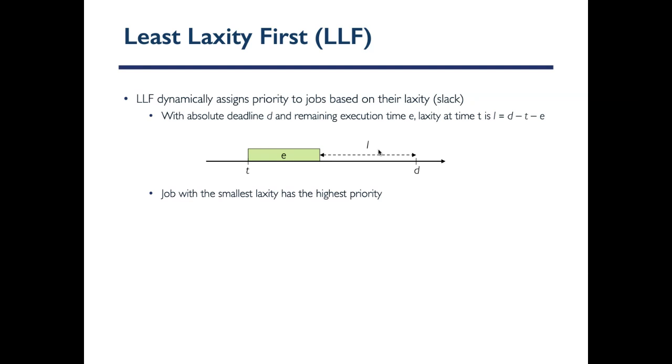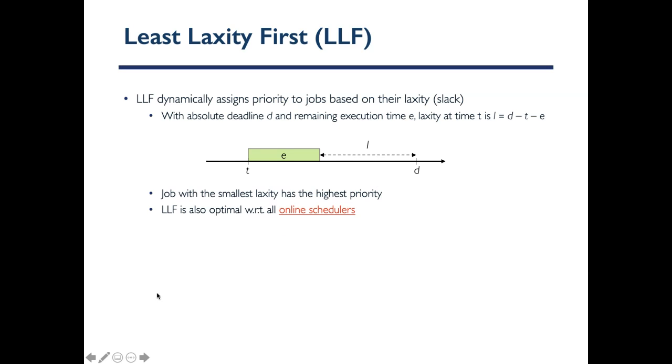If you want to make similarities with multi-level feedback queuing, in that we were pushing a job down the queues so that the priority of a job would get lower and lower and lower. Here we are actually pushing a task up. As its laxity gets smaller and smaller, the priority of the task is elevated, until it becomes 0, then it's an emergency. You have to execute that task if you want to meet the deadline.